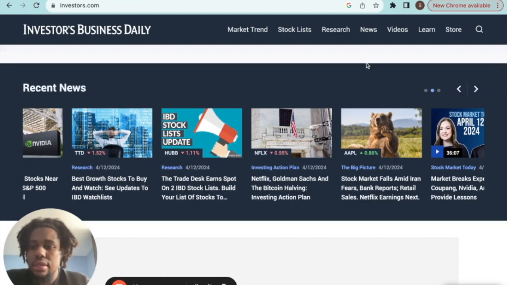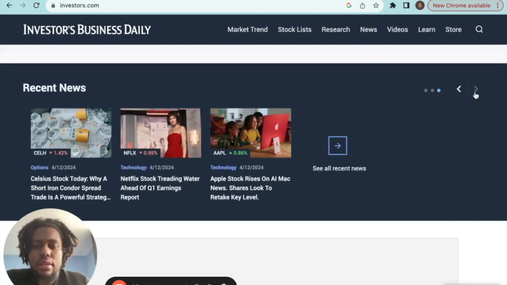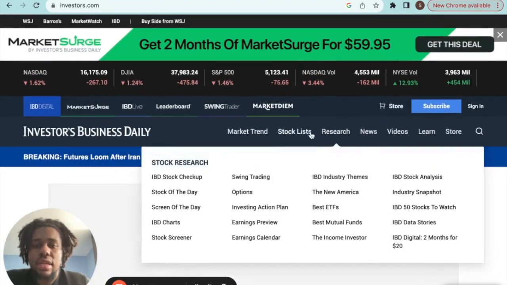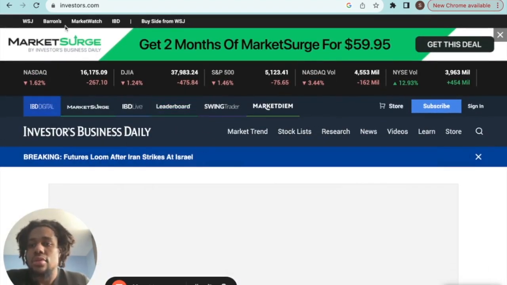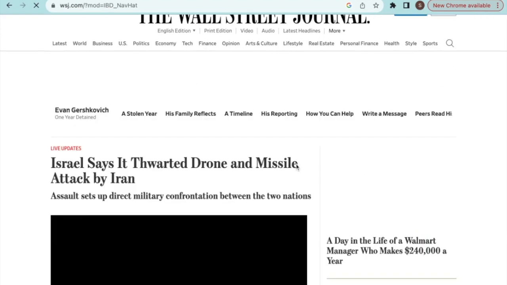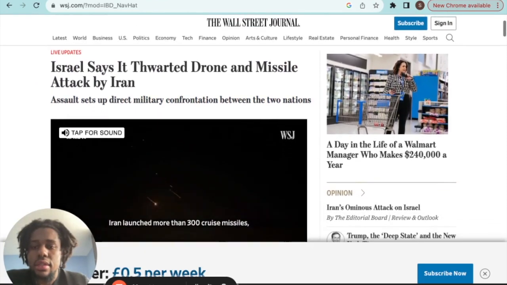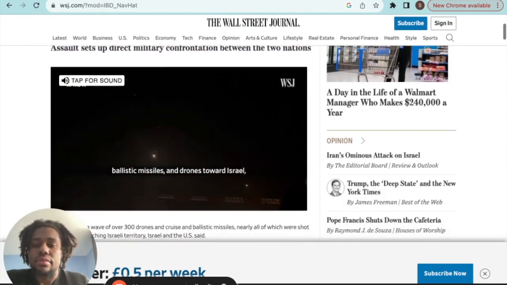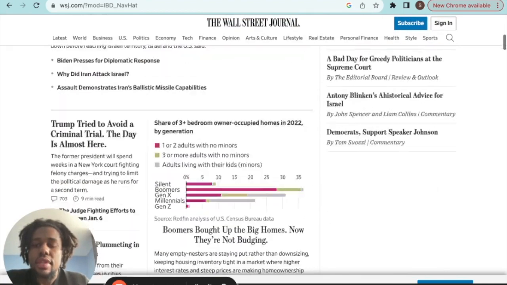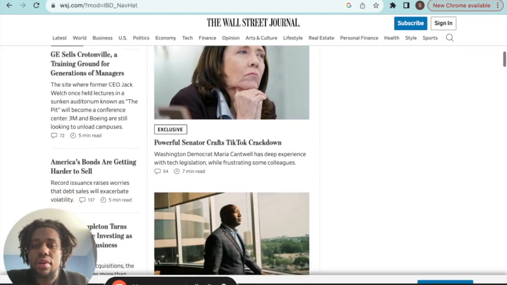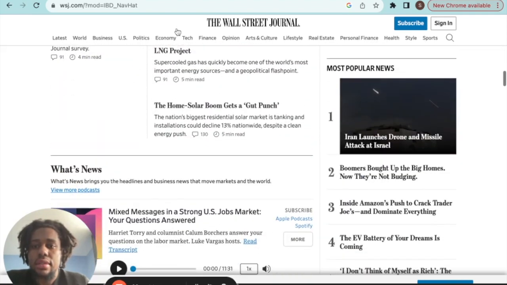What else here? Nothing specifically about the dollar index, which is kind of what we're looking out for. So we can move on now to the Wall Street Journal and see if we can find anything regarding the dollar index.